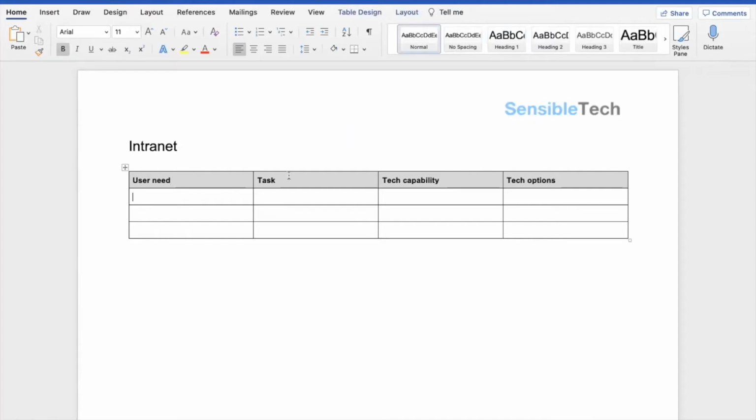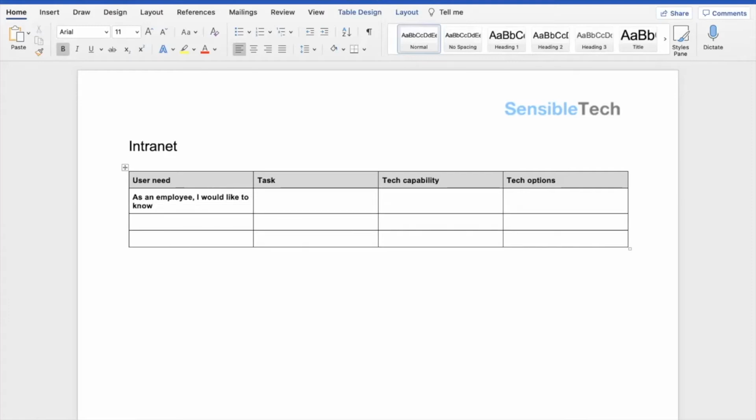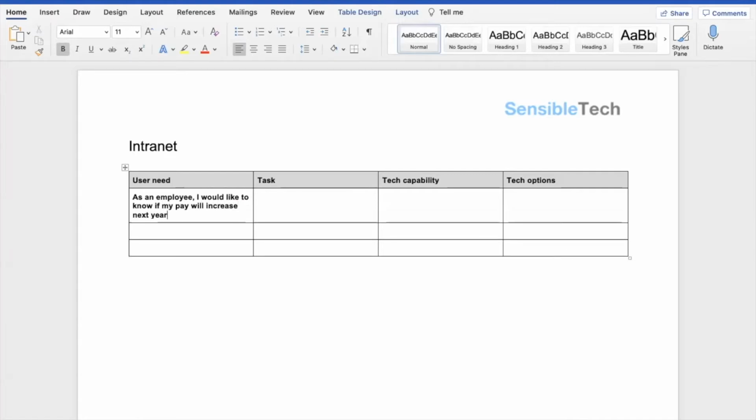And just as an example of a user need, let's say: as an employee, I would like to know if my pay will increase next.